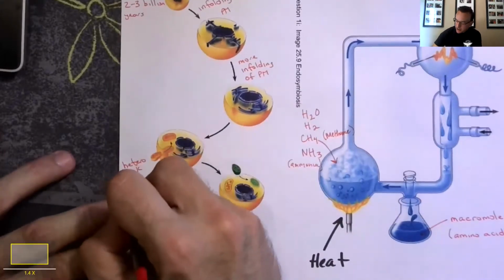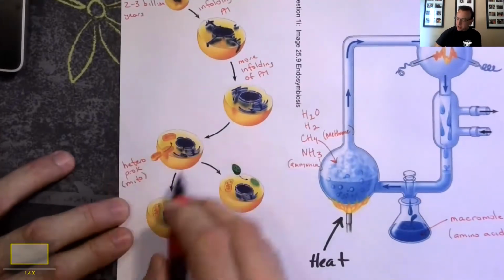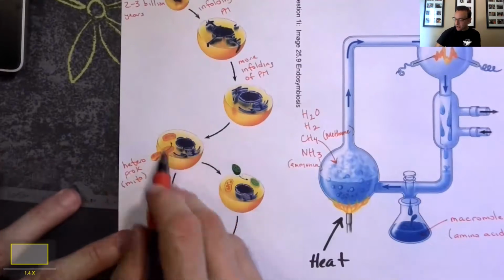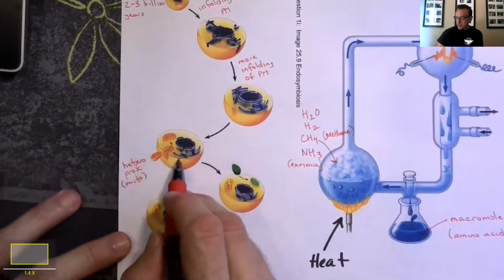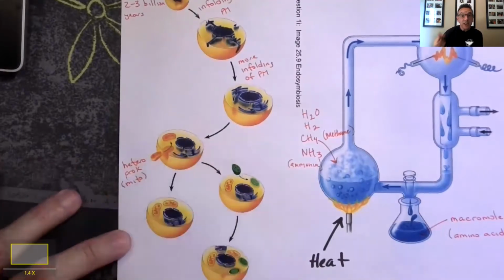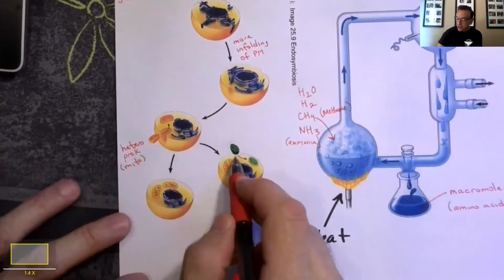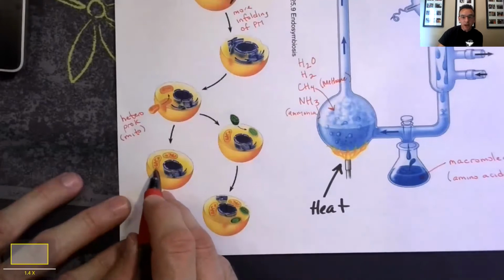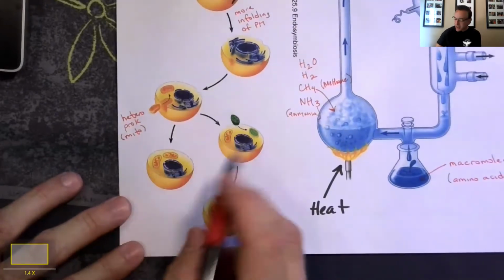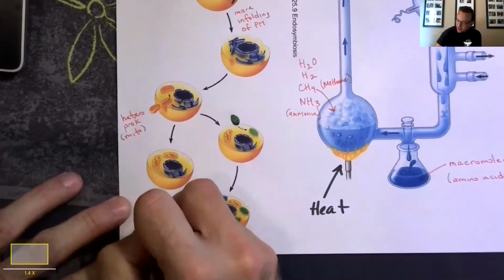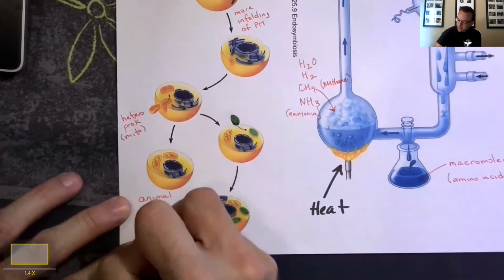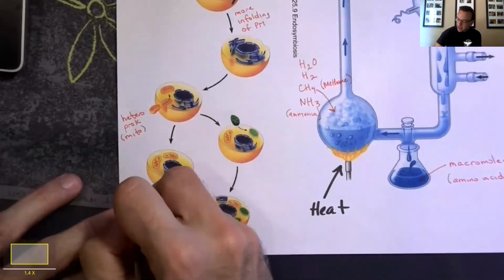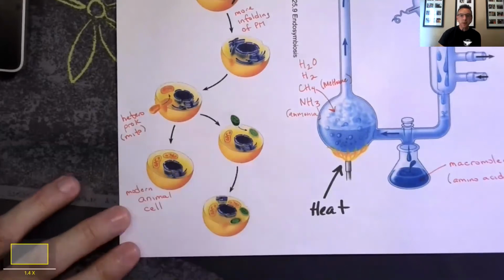Which eventually evolves into the mitochondrion, right? So this original eukaryote cell has the mitochondrion. Then this splits off into two cell types. This cell type keeps the mitochondrion, but doesn't get the chloroplast. This is where animal cells come from. This is the modern animal cell, okay?